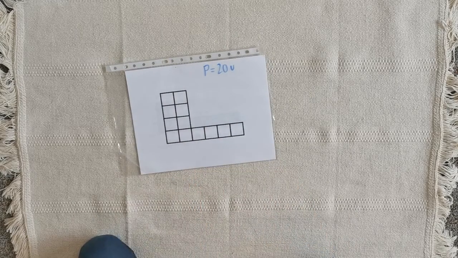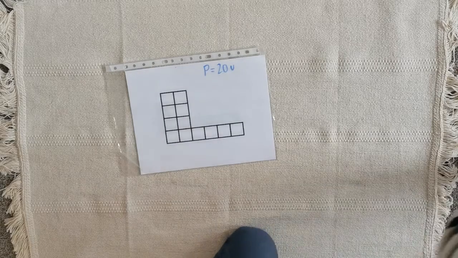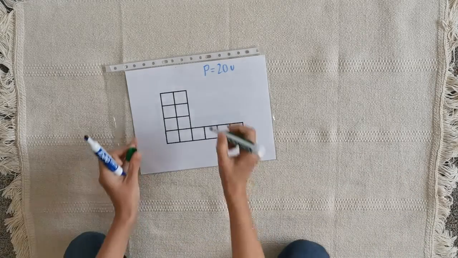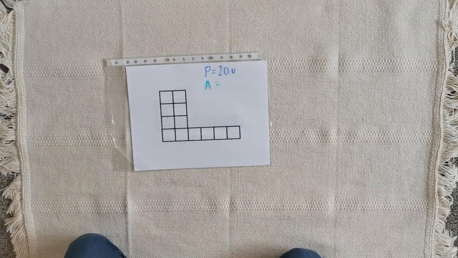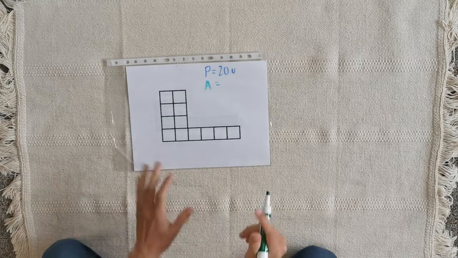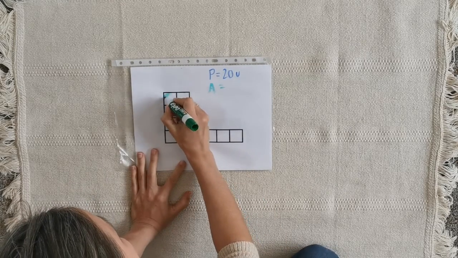But what about the area? The area is not the line that goes around the shape. The area is what is inside the shape.